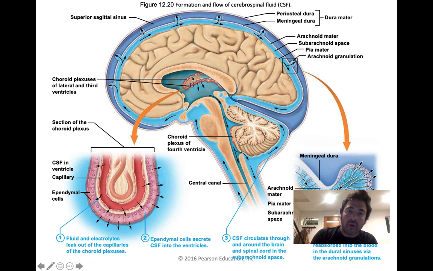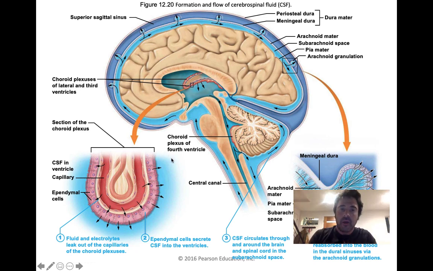So whereas the choroid plexus synthesizes cerebrospinal fluid, the arachnoid villi reabsorb cerebrospinal fluid. They reabsorb it into this big fat daddy vein with blood flowing through it called the superior sagittal sinus. Once that cerebrospinal fluid is reabsorbed back into the cardiovascular system, we no longer call it cerebrospinal fluid, we call it blood plasma.